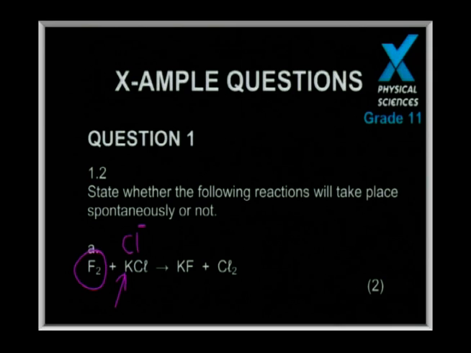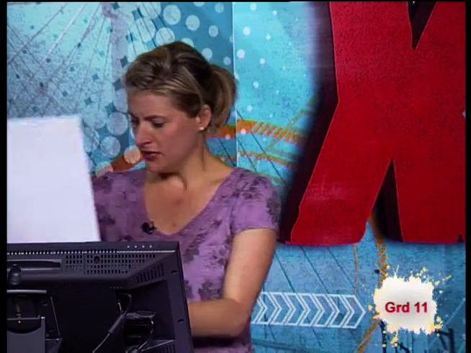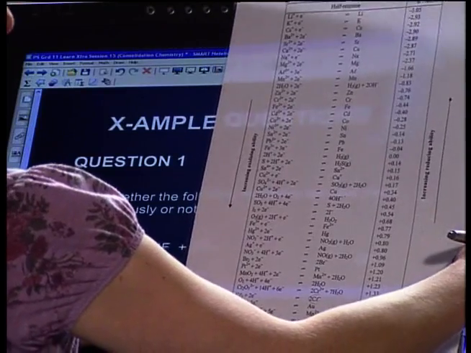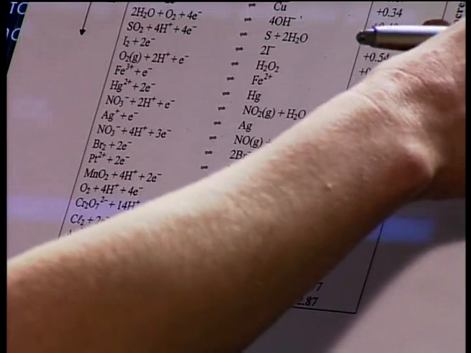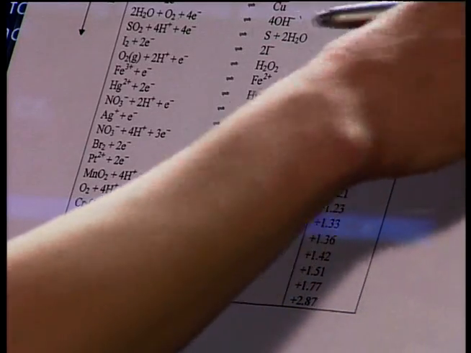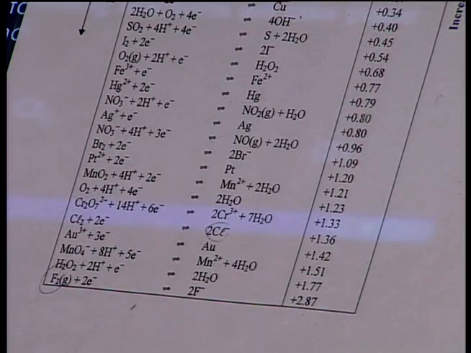You guys can see that it doesn't change much from the one side of the reaction to the other. So the first thing that you do is you identify the role players in your reaction by looking at the guys on the left-hand side. Now, you take your standard electrode potential table and you're going to look those guys up, and based on where they appear will tell you whether the reaction is spontaneous or not.